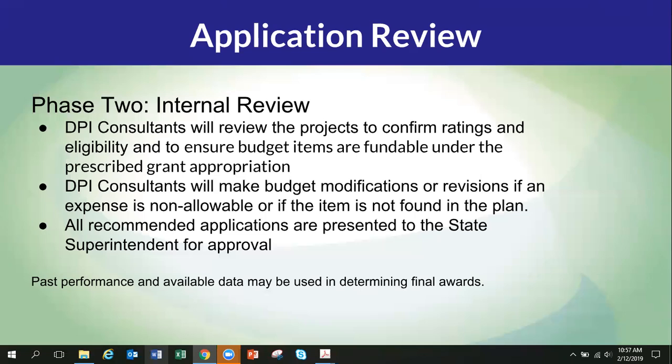We will make modifications to those budgets if we notice errors or something in there that's not allowable. We had a number of people that exceeded the 10% non-cap limits, and so we had to make an adjustment for that. Then we have to present them to the state superintendent for approval. And once that's all done, we will notify all of your district administrators.